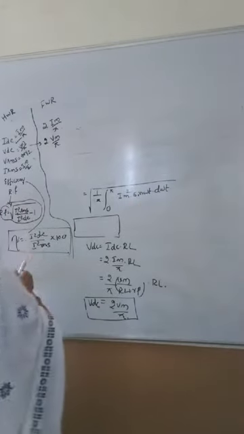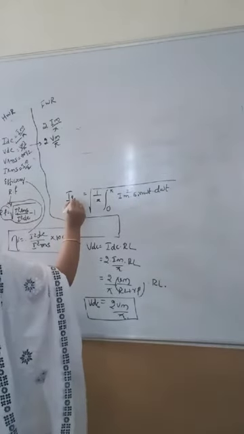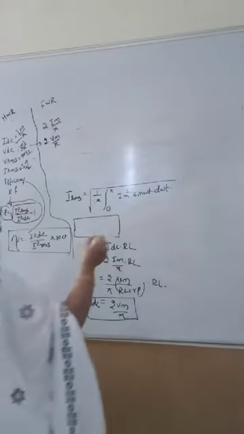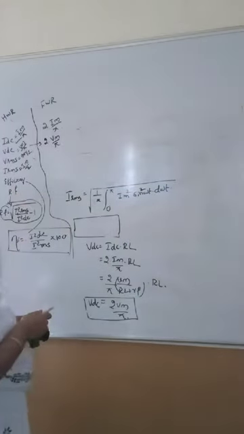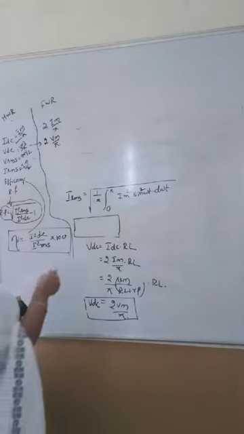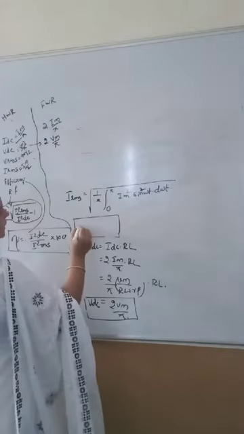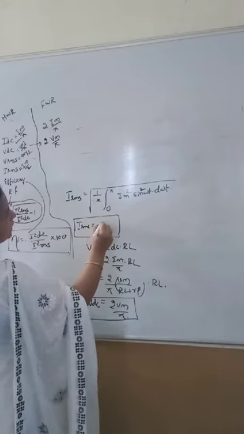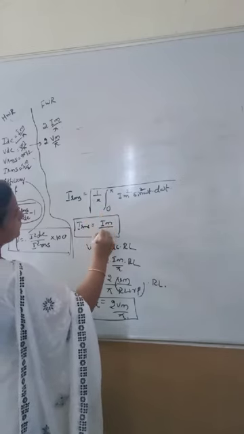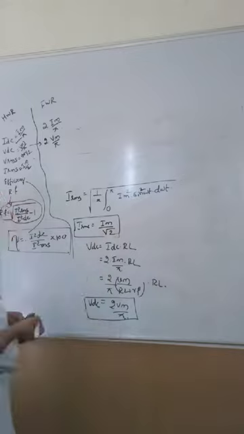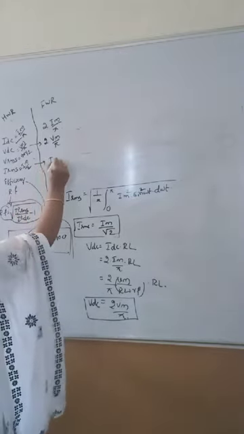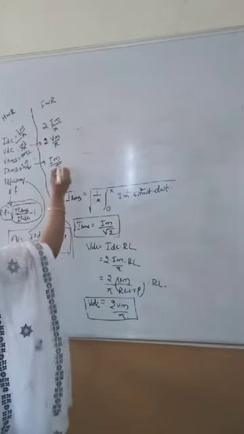So for the full wave rectifier, IRMS is equal to the root of Im square into sin square omega t, sin square omega t d omega t. So IRMS is going to be Im by root 2. You can check it later. It is Im by root 2. So the IRMS value you got is Im by root 2.